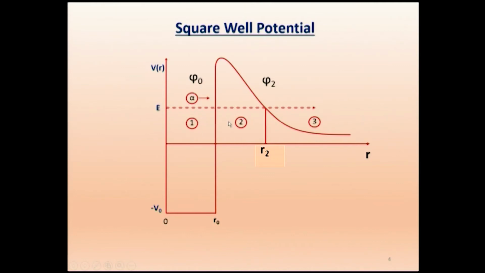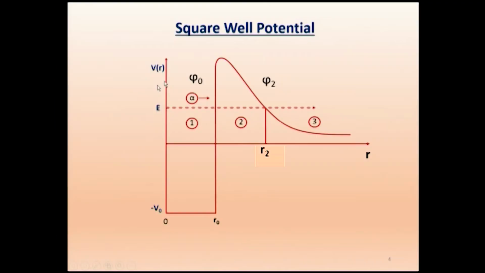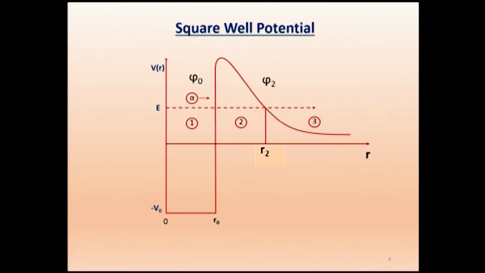In region 2, this is the potential form. This is the Coulomb potential. As the alpha particle comes out, there is Coulomb repulsion between the daughter and the alpha particle. The general Coulomb law is Q1 Q2 by 4 pi epsilon 0 R. Here Q1 is the charge of the alpha particle and Q2 the charge of the daughter nucleus.